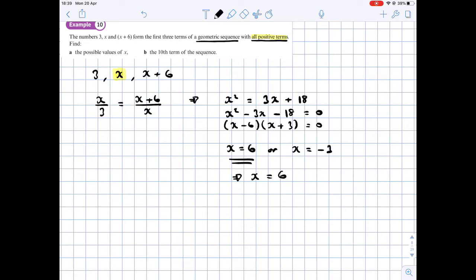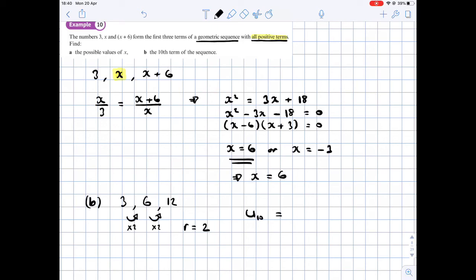So now we have found the possible value of x. Next we want to find the 10th term. So for b, the 10th term, we know now that the first term is 3, we know the second term is 6, and then we know that the third term is 12. So hopefully it is obvious to see that we are multiplying by 2 in each case, which means the common ratio is 2.